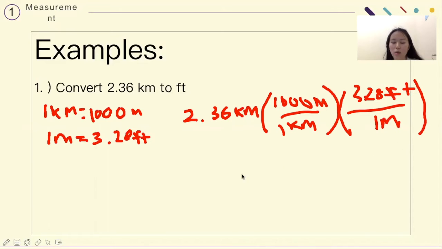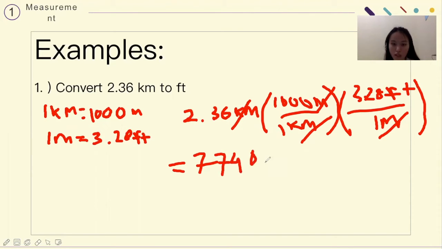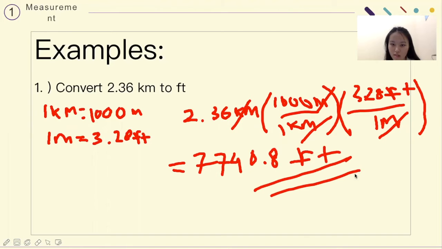So now we cross out the same units, kilometer and kilometer, meter and meter, and then we multiply the numbers. We get 7,740.8 feet. So this is the answer.